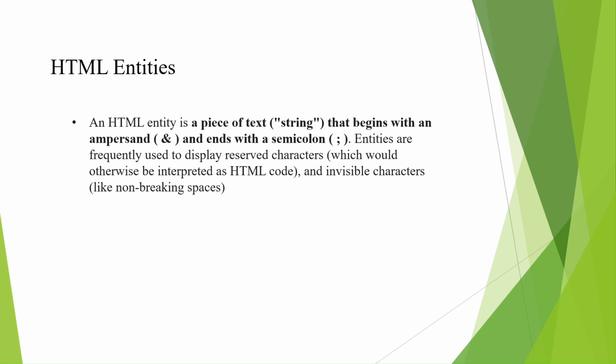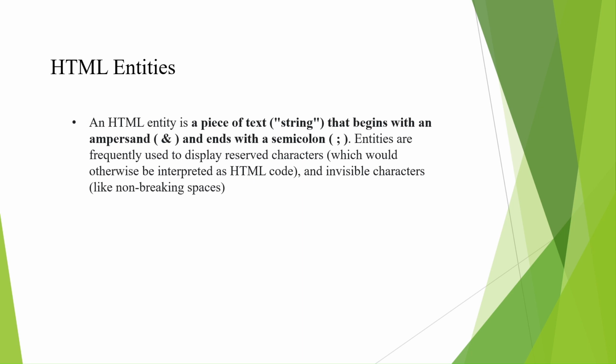Some common HTML entities include: &lt; represents the less than symbol, and &gt; represents the greater than symbol, &amp; represents the ampersand symbol, &quot; represents the double quote character, &apos; represents the single quote character, &nbsp; represents a non-breaking space character.